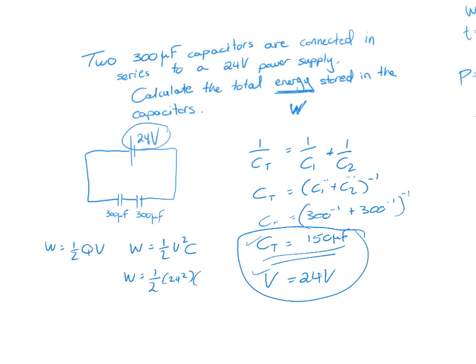Remember, capacitance in this case is in microfarads, so you do need to convert that into farads. That will give me about 4.3 times 10 to the minus 2 joules. So you can see these two capacitors don't store that much energy. They store 0.043 joules. That's a very tiny amount of energy.